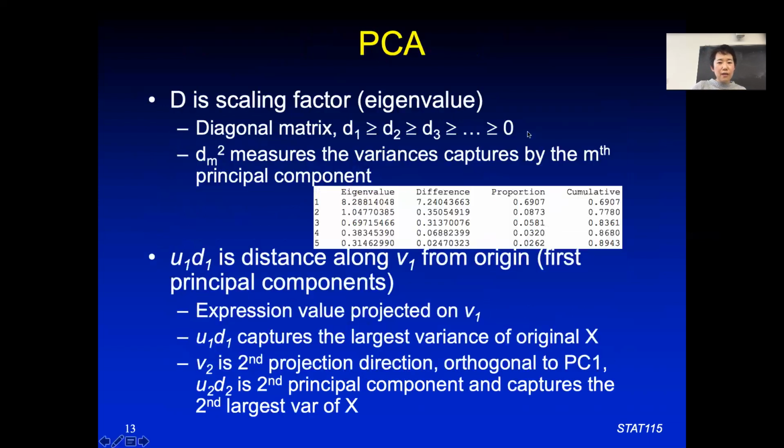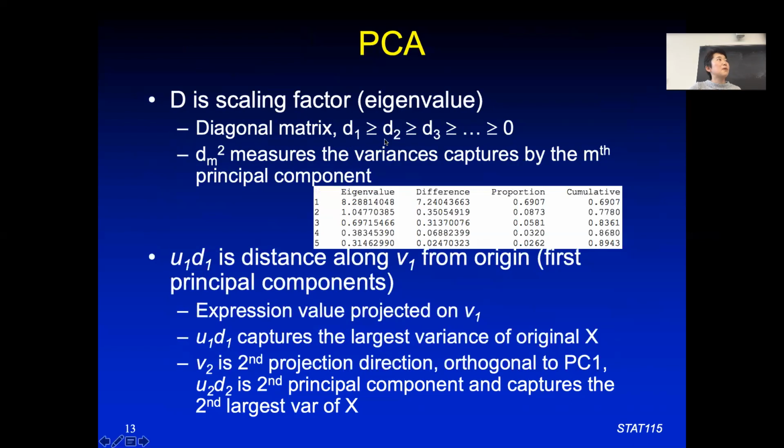And if you sum up all the Ds, that's the total variation. Each of these divided by the sum is how much that particular principal component is able to capture. Okay, so that's why the first principal component captured the biggest variation.